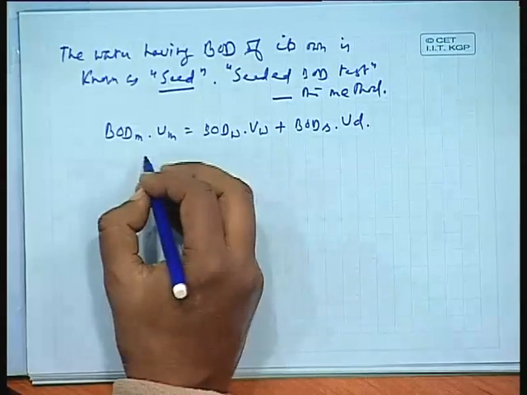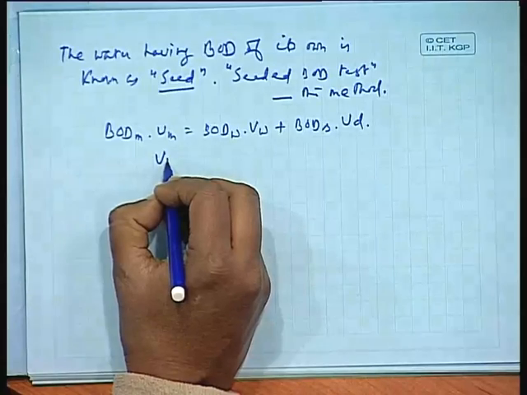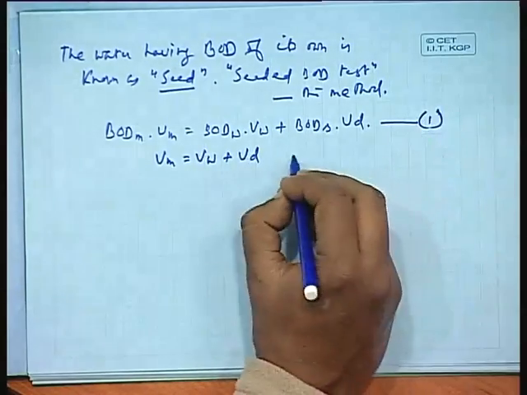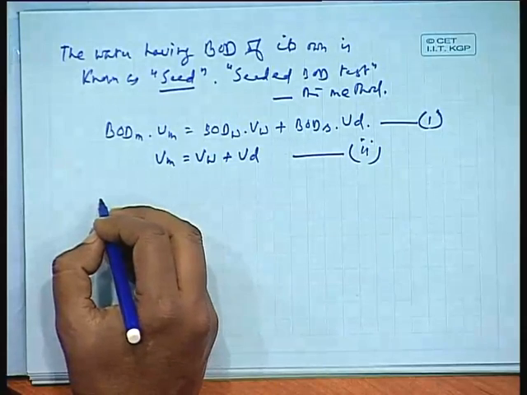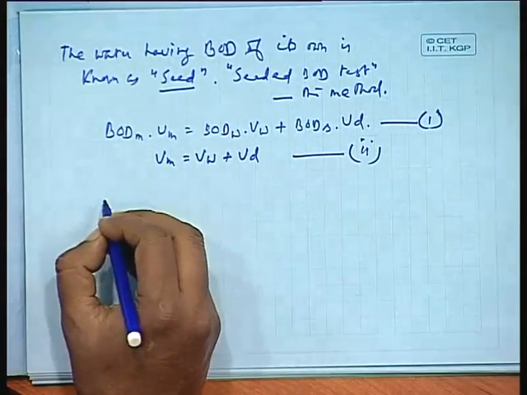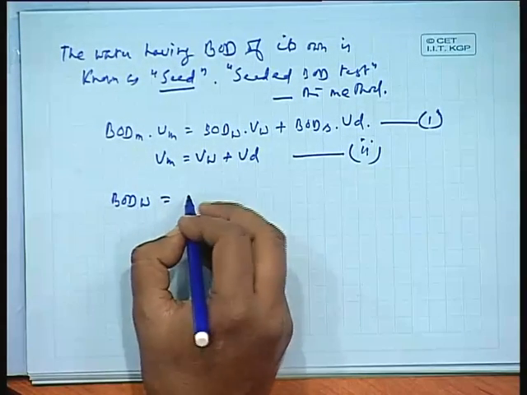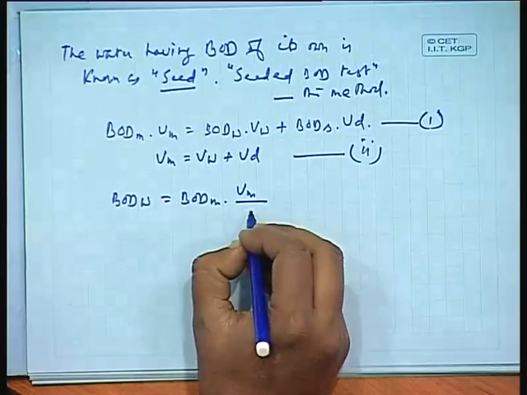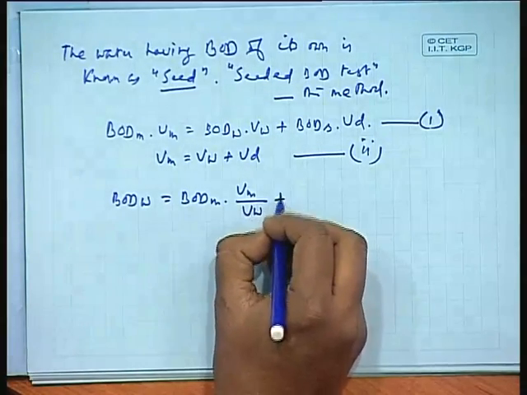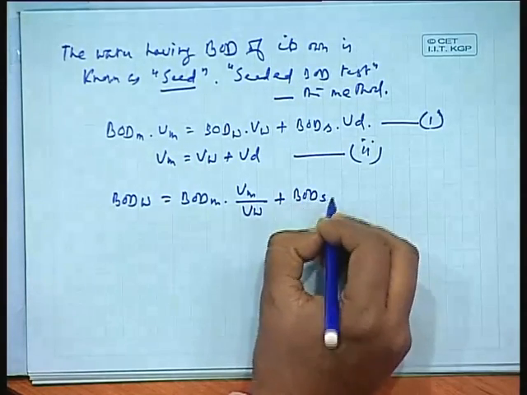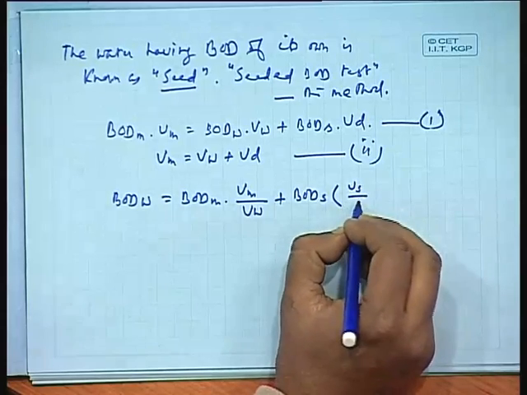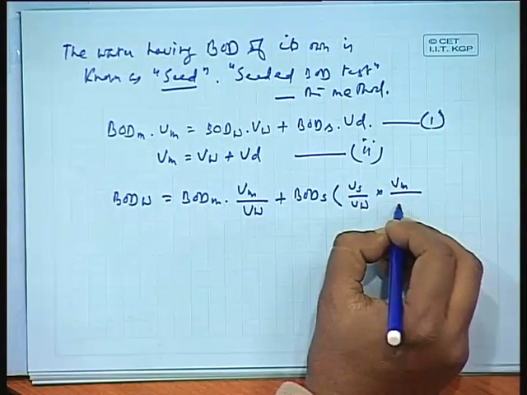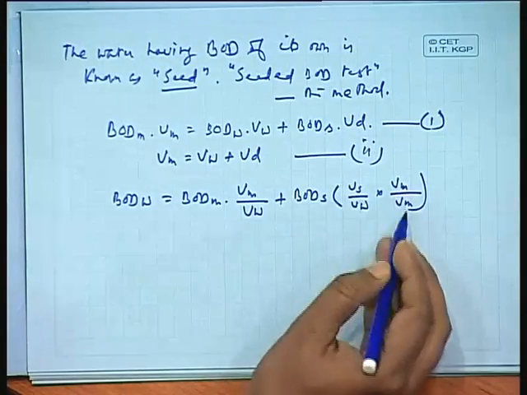Also Vm is equal to Vw plus Vs. So, from this, the BOD of the waste can be written as BODm divided by Vw over Vm, plus BODs times Vs divided by Vw, times Vm divided by Vm.